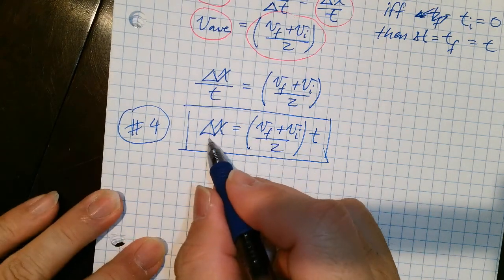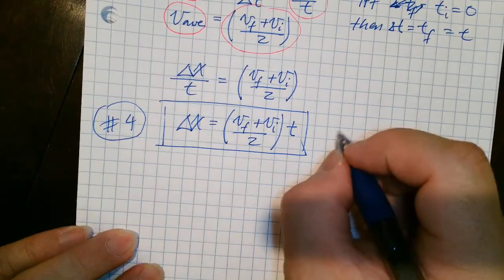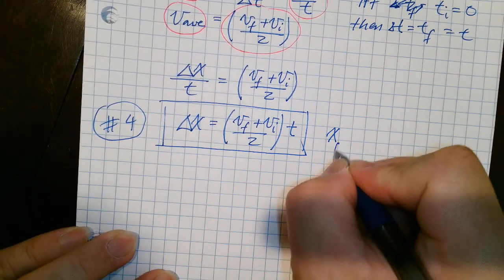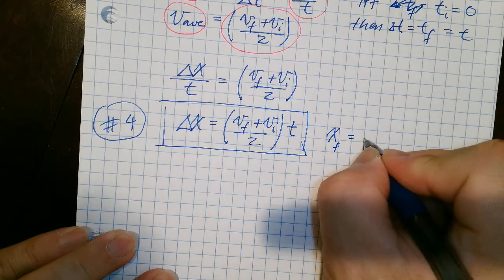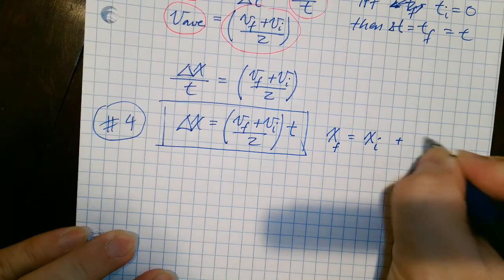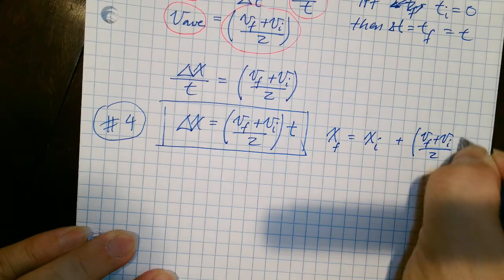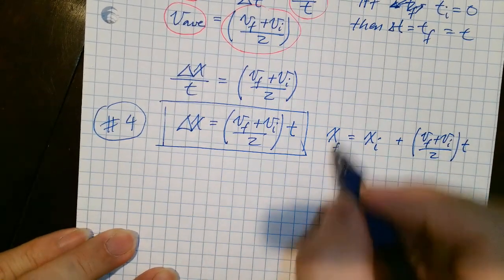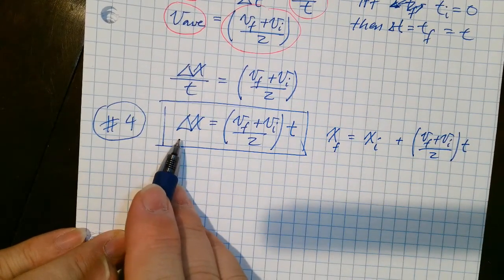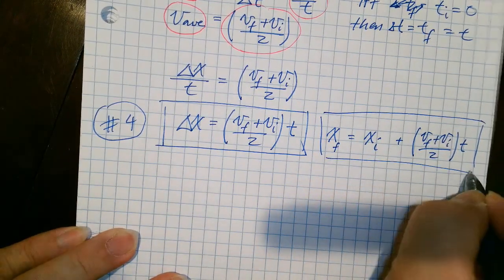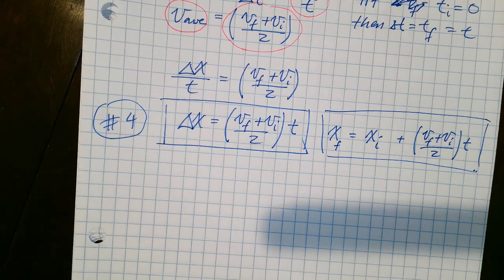Sometimes this equation can be represented as follows: x final is equal to x initial plus vf plus vi over 2 times t. Same thing, they just split the delta x up into x final minus x initial.